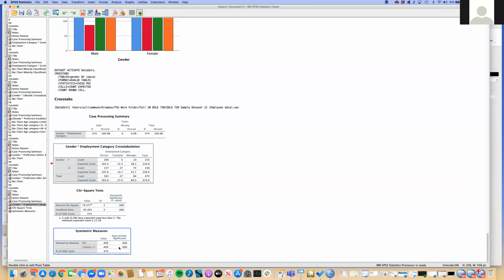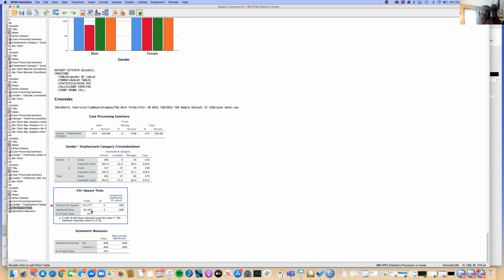Yes. Can you go back to the chi-square test table where you're highlighted? Tell me one more time how you looked at that. Yeah, so the most important value here is your asymptotic significance, two-sided. If that number is less than 0.050, which it is in this case, then it is significant.